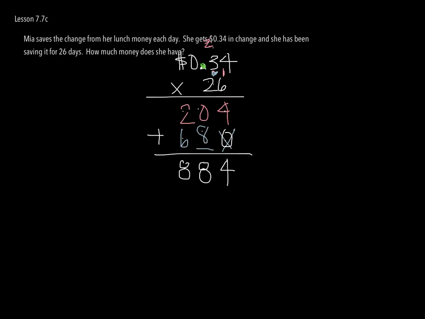So I'm going to count here 1 space, 2 spaces, and my decimal point is going to go right there. Okay? So look, 1, 2, 1, 2. So our answer is Mia has $8.84. More than enough money to buy Mr. Winkleman some Sour Patch Kids or something, because he loves Sour Patch Kids.